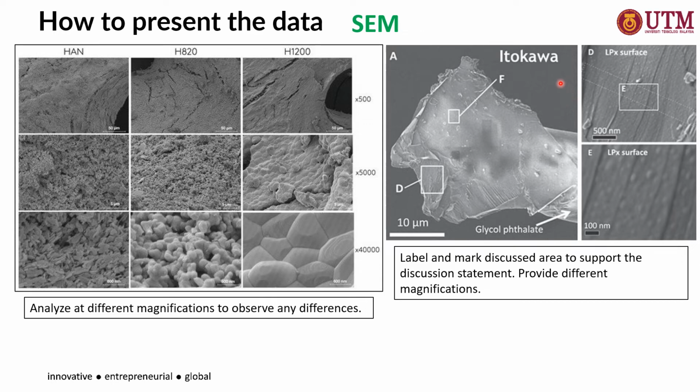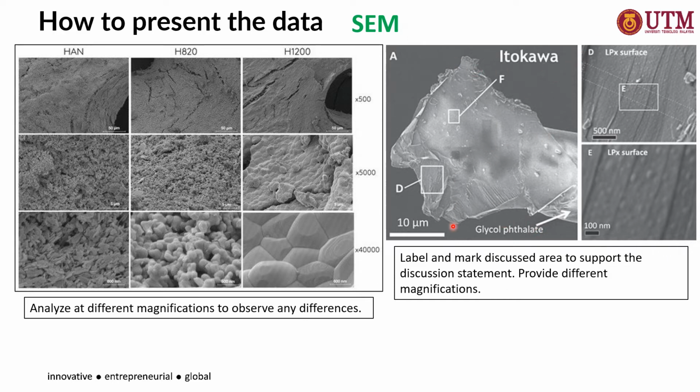Or we can combine SEM results at different magnifications. For example, this one is only one sample. They properly label the specific area where they want to discuss, and by using different magnifications, they provide the inset images and discuss different locations.